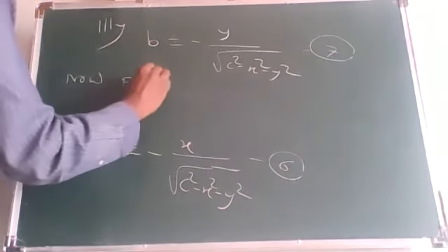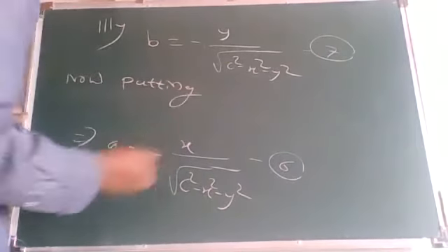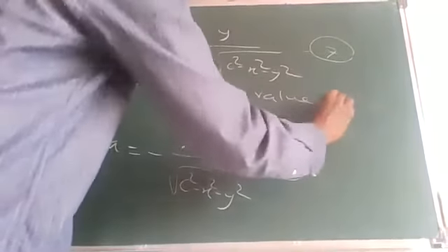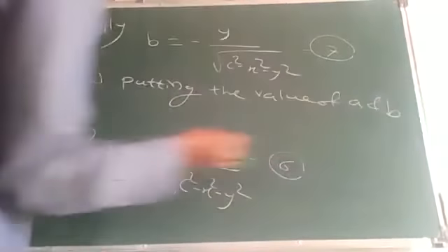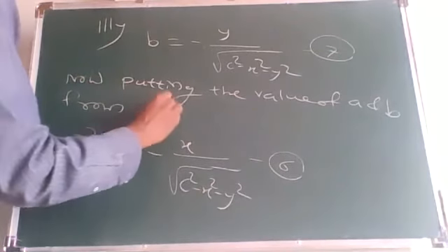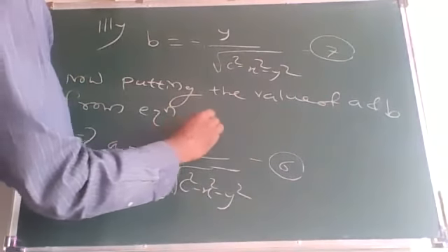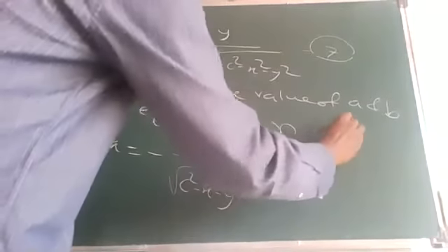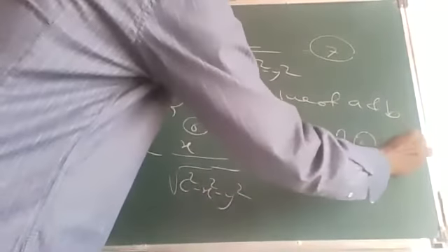Now putting the value of a and b from equation 6 and 7 in equation 2, we get.